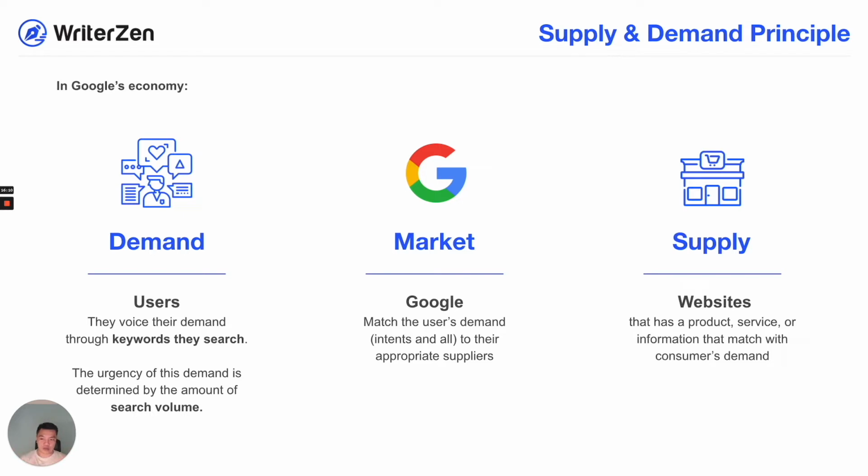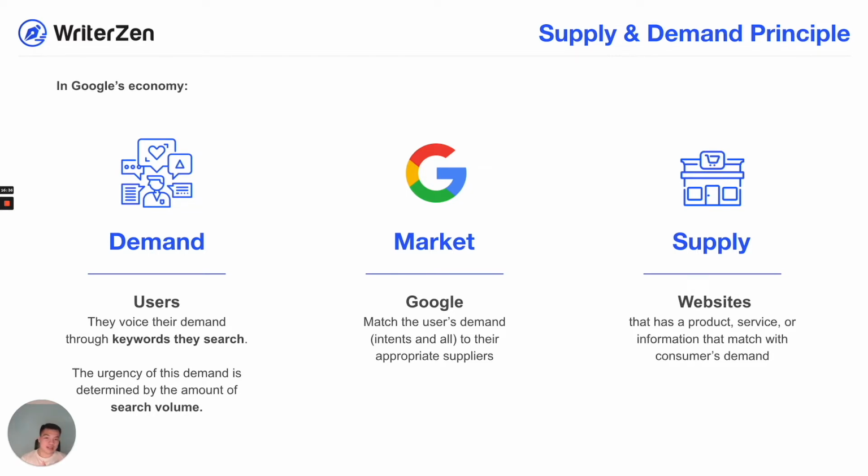All of that knowledge, that's the demand. And the urgency, or how high or low that demand is, is represented by the search volume. So if in a month 1 million people search for indoor plants, that is a very high demand keyword, and that's a very high demand thing. So that's the first part you have to understand.